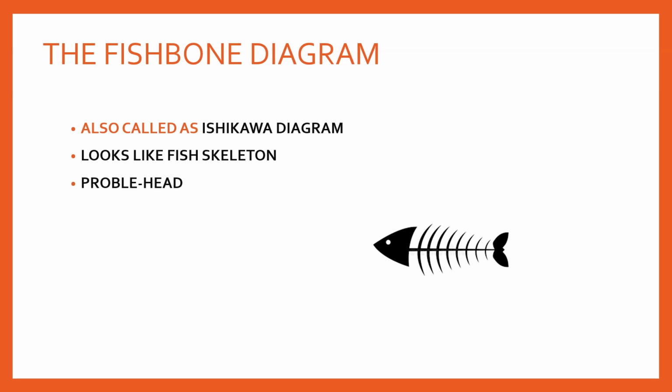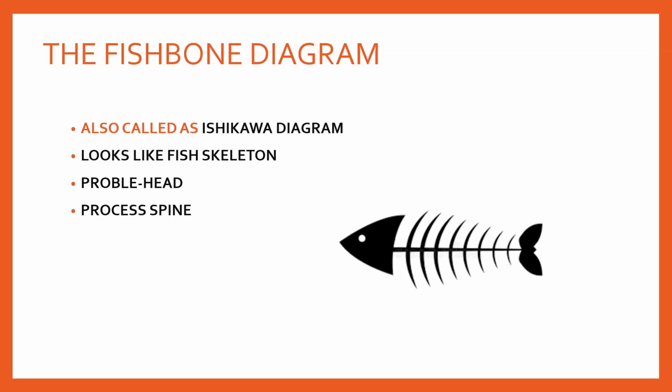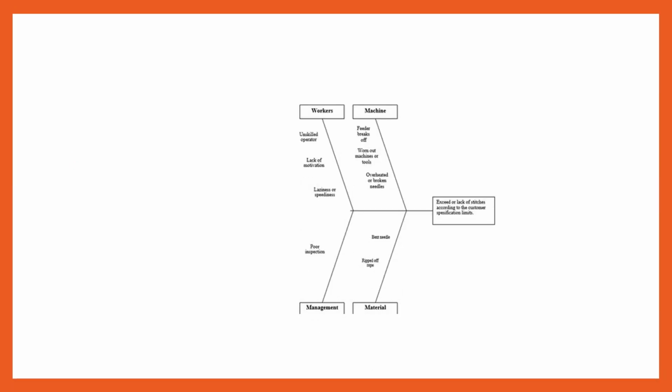What it does actually is this. The problem we are trying to analyze is in the head of that fish, and the process is the spine. Different types of processes are there. The spines will talk about those processes.